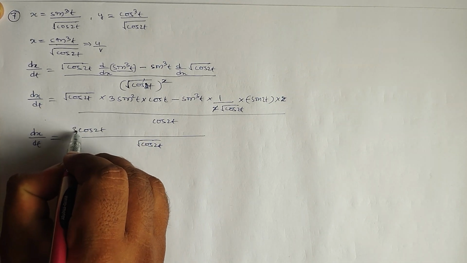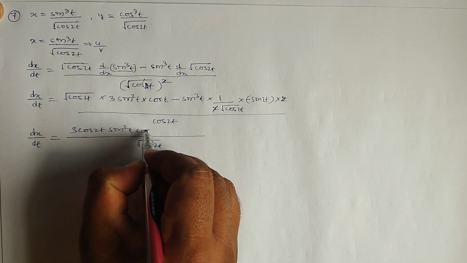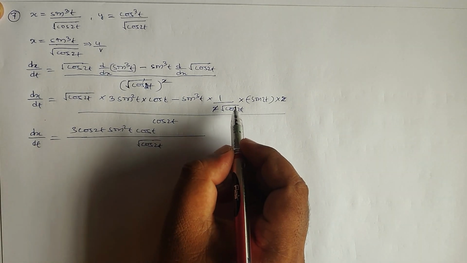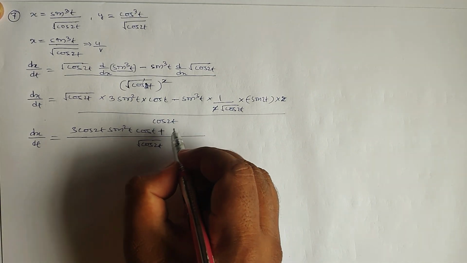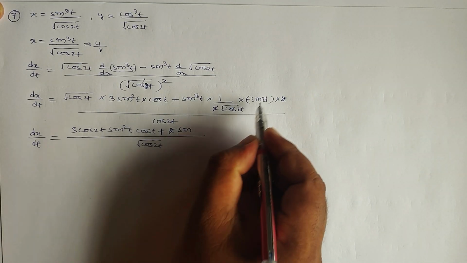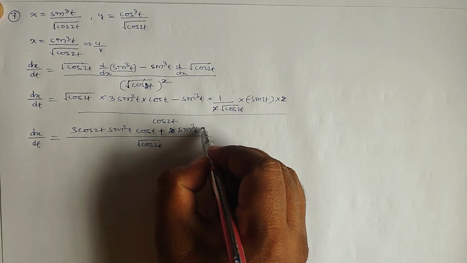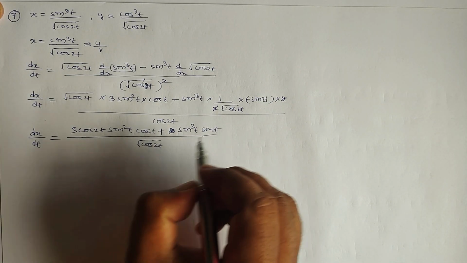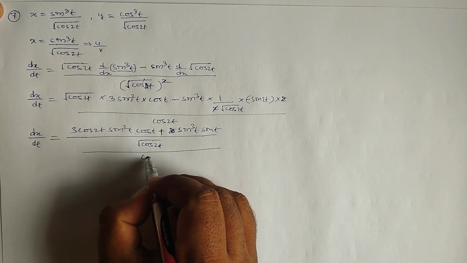First write 3, next the remaining term sin square t into cos t. Next, minus minus becomes plus sin cube t into sin 2t, the 2 cancelled. Again the whole divided by cos 2t.